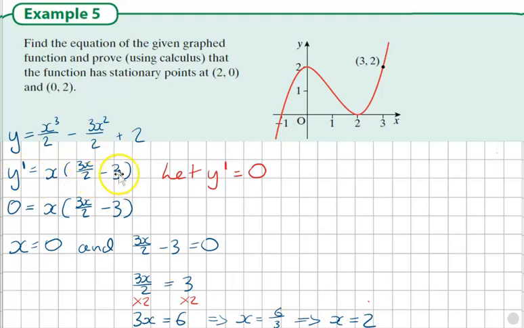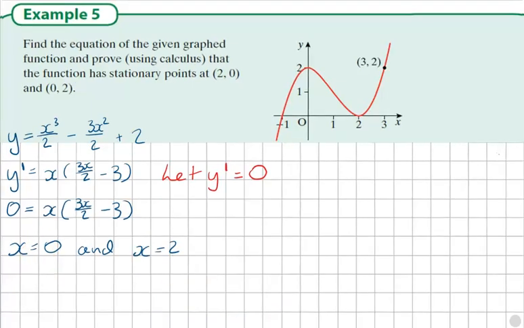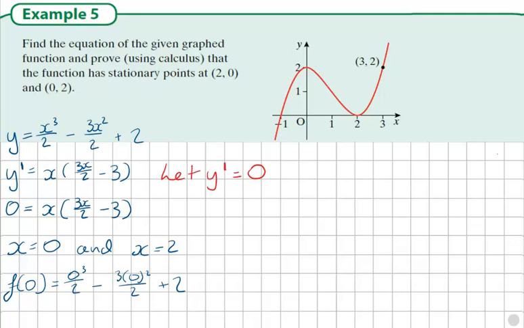So we worked out the derivative of our function, we let it equal 0, and then we solved for x, and we got two x values. So again, our two x values are 0 and 2. So we're going to work out now f of 0. So we go back to our original function.